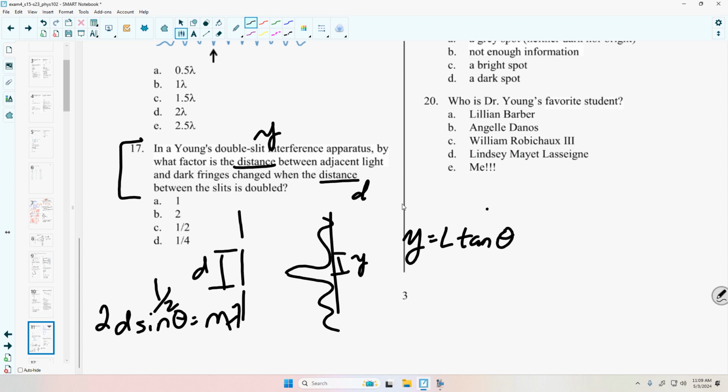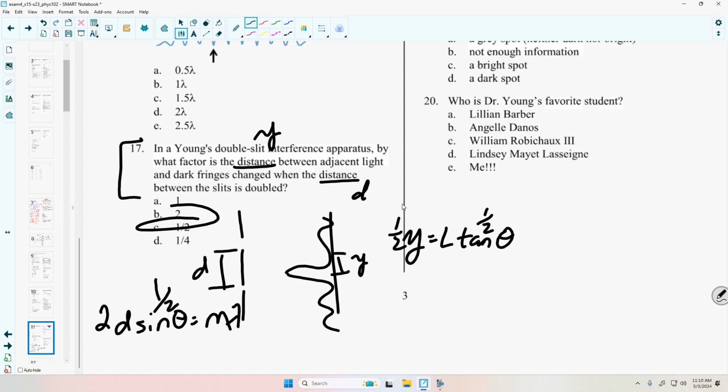If the angle goes down by a half, I get the sine and the tan. We're assuming small angles, so we'll just assume whatever happens to theta will also happen to sine and the tan, okay? So if that goes down by a half, then the distance between the adjacent light and dark fringes is also halved. So C is the right answer there. It goes down by a factor of a half.